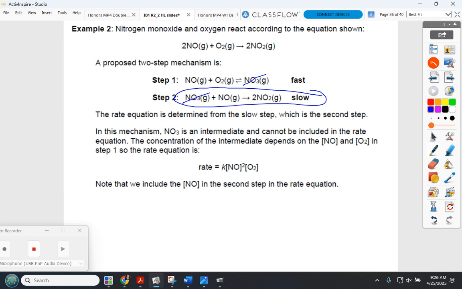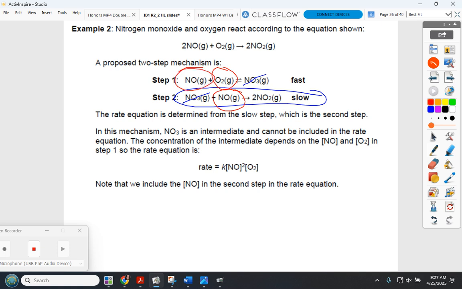In order to figure out the rate equation, we're going to take any non-intermediate part of our slow step and the reactants of our fast step, because that's going to determine how much of this we have. Because this is an intermediate, we can't change its concentration directly to figure out the order of reaction experimentally, since it's only there for a moment. But we can change the concentration of these.